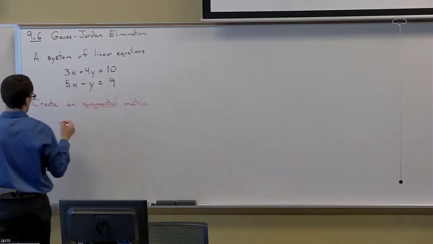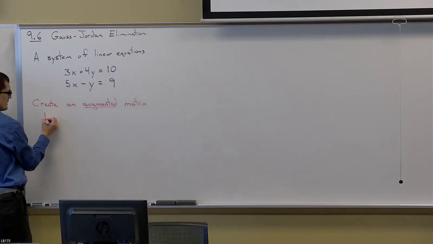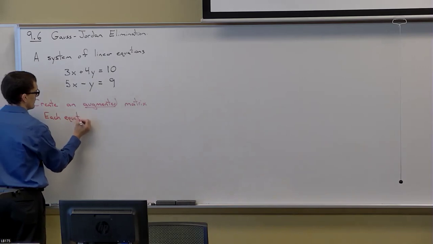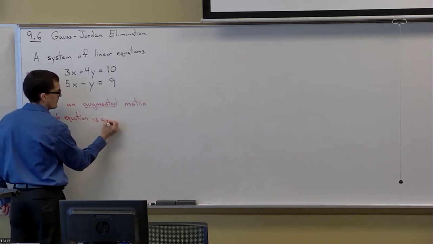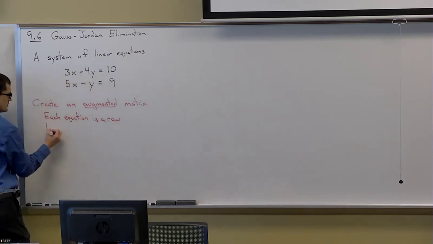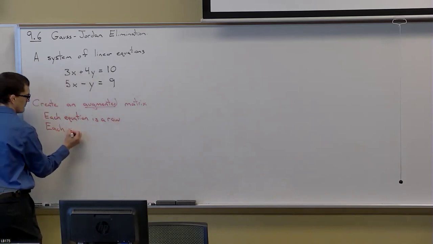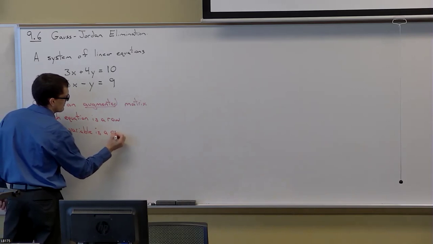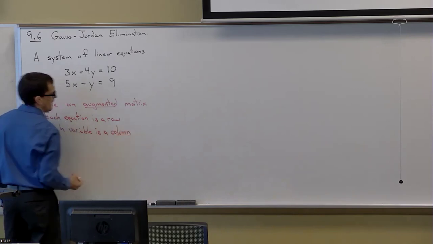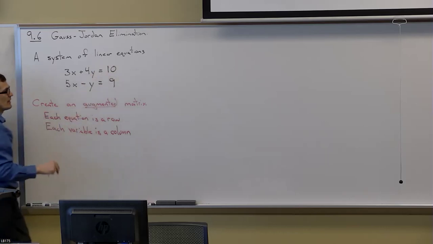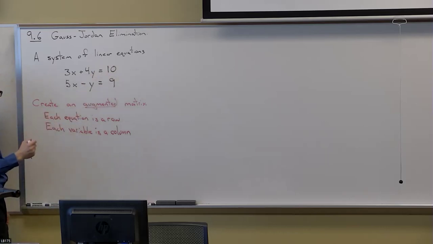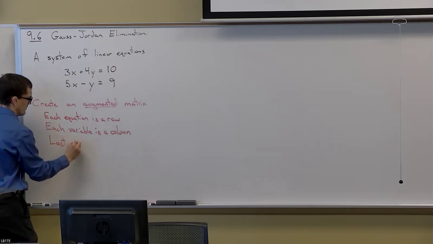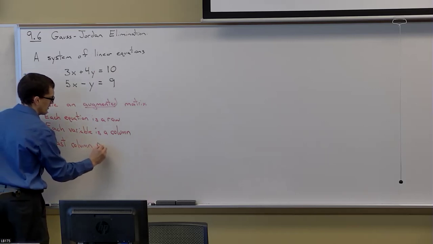So each equation, a row, each variable is a column. And that last column is going to represent the equal to constant. All right? Last column represents the equal to constant.